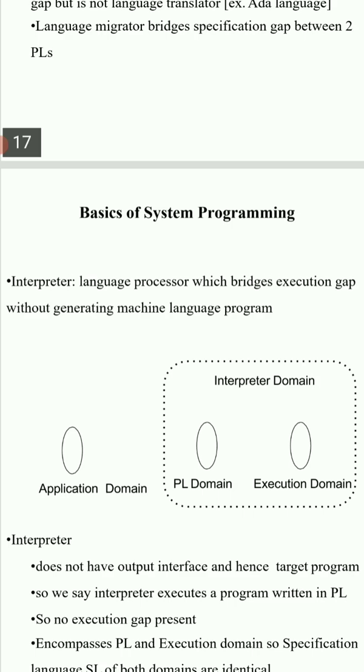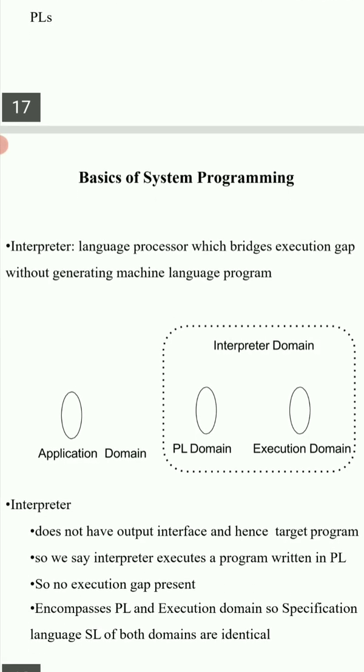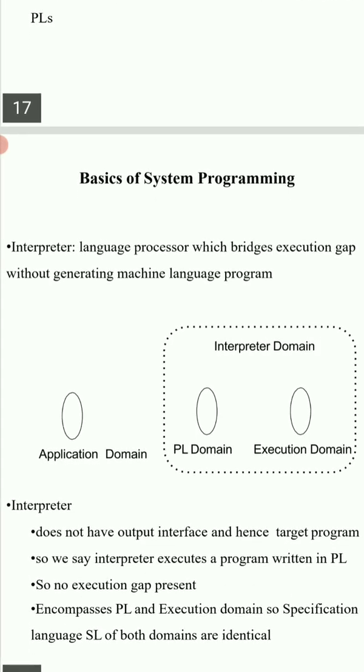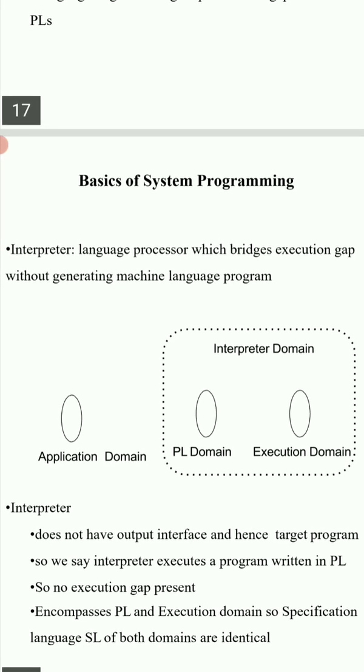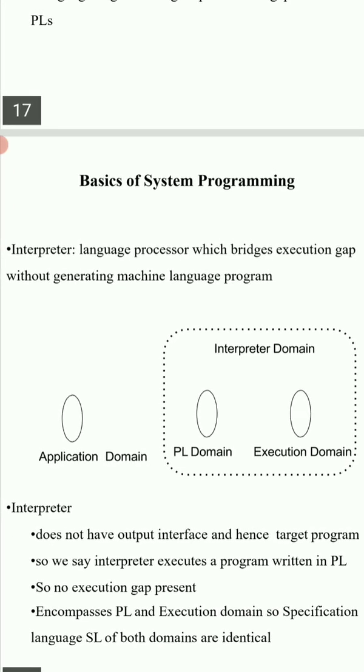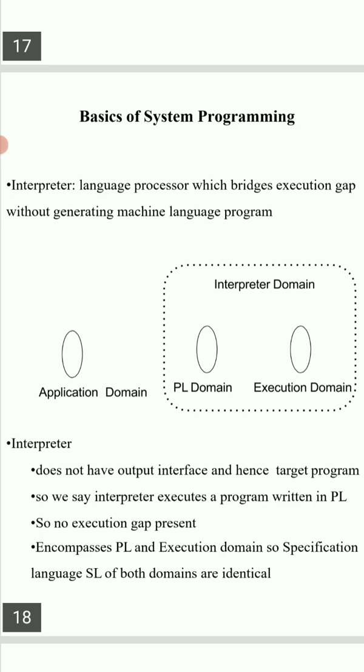So the interpreter reads the source code one instruction or one line at a time, converts this line into machine code, and after that executes it. There are lots of advantages of the interpreter. It does not have an output interface and hence no target program. So the interpreter executes a program which we write in the programming language.